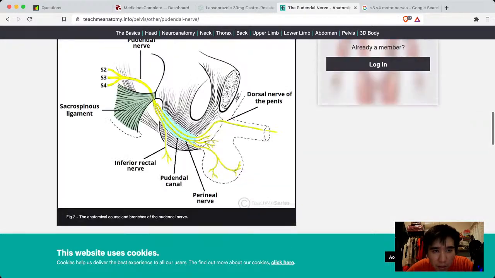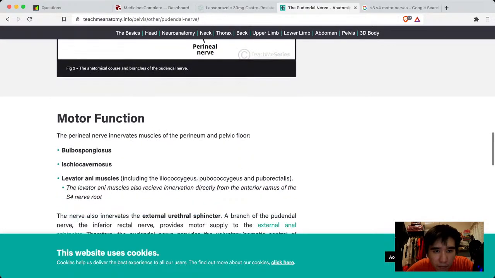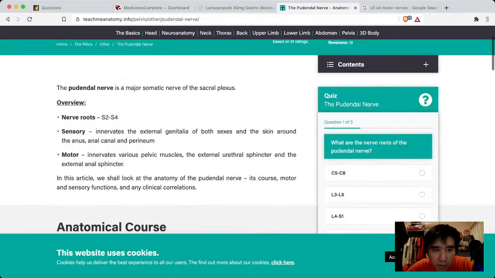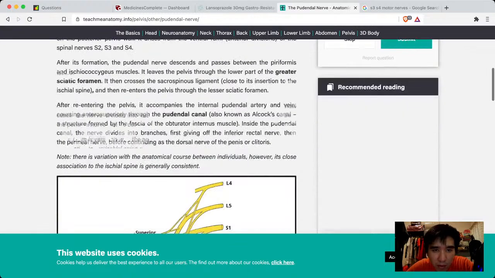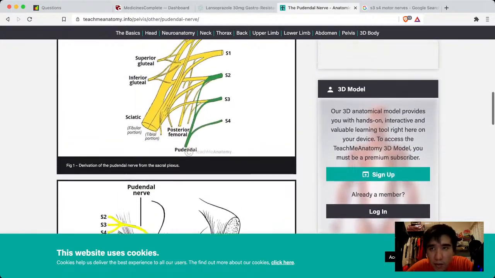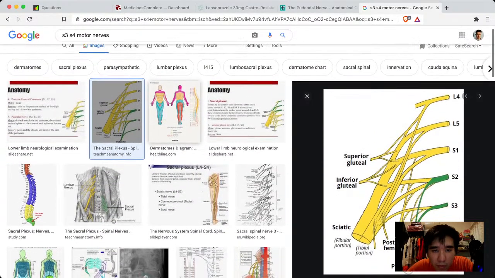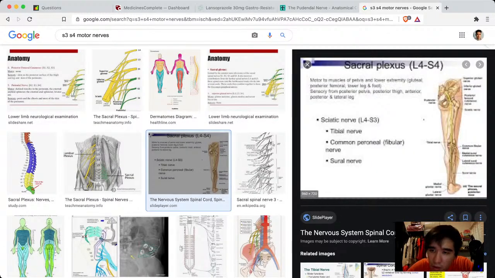It wouldn't affect the buttocks muscles if it's the pudendal nerve. There's nothing to do with the buttocks. What supplies the buttocks is the sciatic nerve. Probably wouldn't cause buttocks pain.